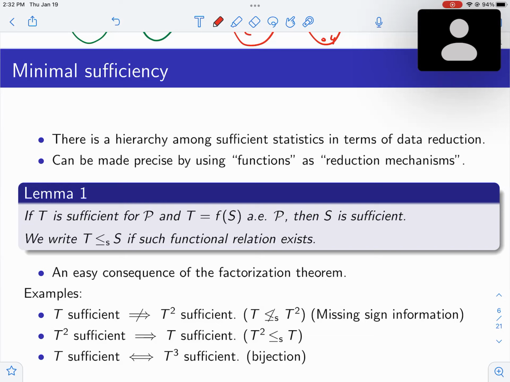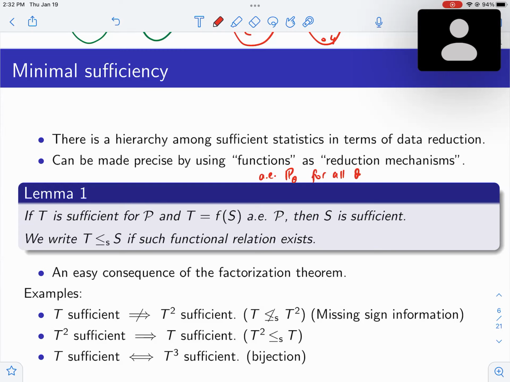Almost everywhere means almost everywhere under all the P theta. This is for the measure theory people. P theta for all theta. So it doesn't matter which theta it is. The set where this is violated is a null set under all of them.